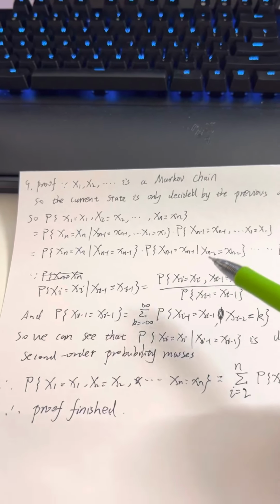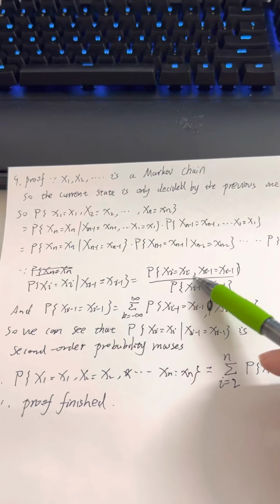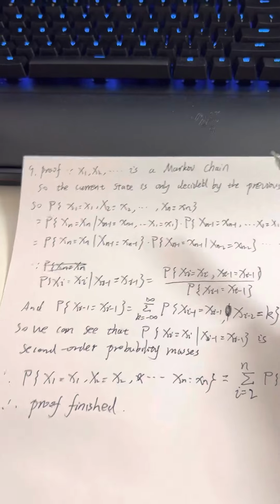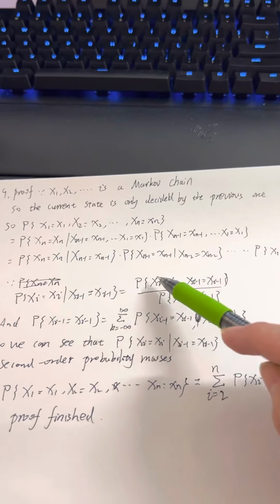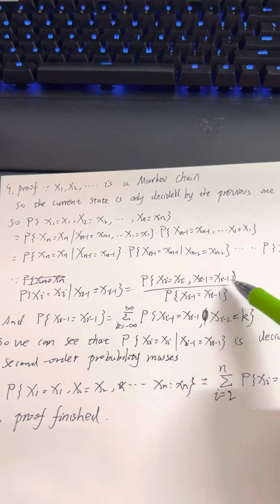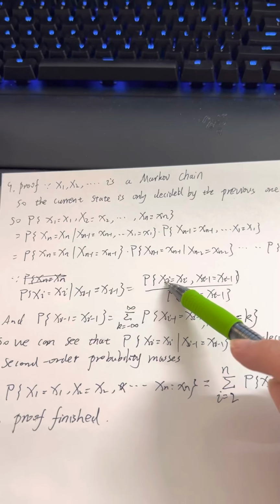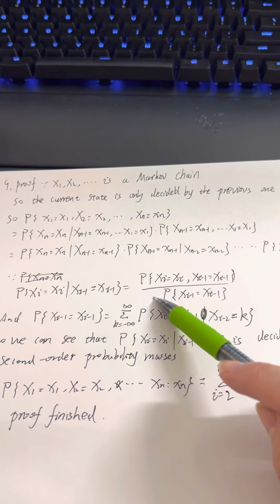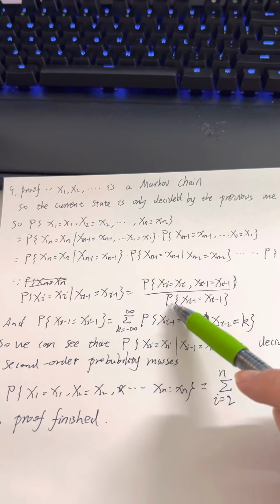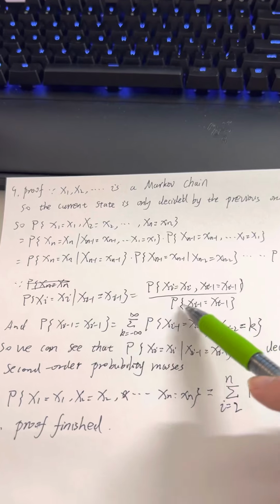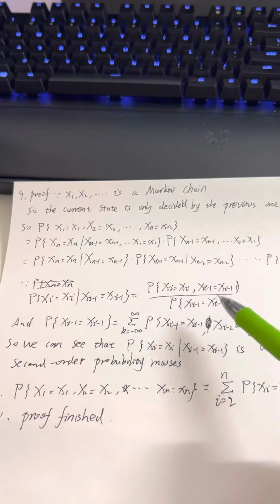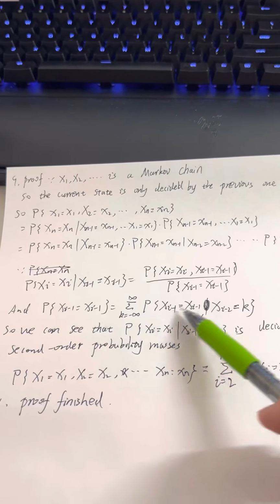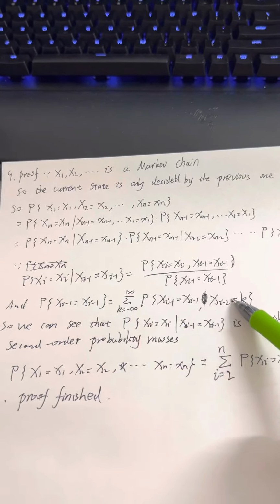This is the conditional probability, and we should notice that this one is decided by the second-order probability masses. For this one we also want to know that it is decided by the second-order probability masses, using the summation of the marginal probability.